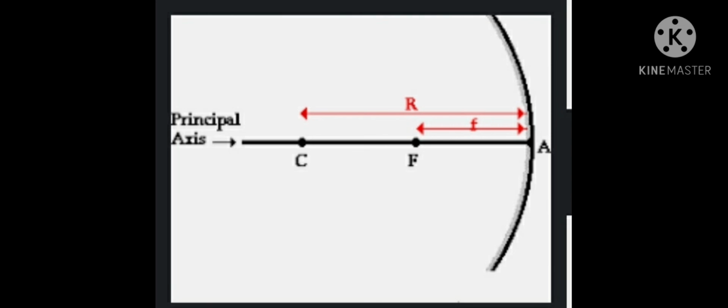That means the focus is the midpoint of the radius of curvature. So the focal length is half of the radius of curvature. Small f is equal to capital R by 2. Here small f is the focal length, capital R is the radius of curvature, f is equal to R by 2. These are the terminologies of the curved mirrors.